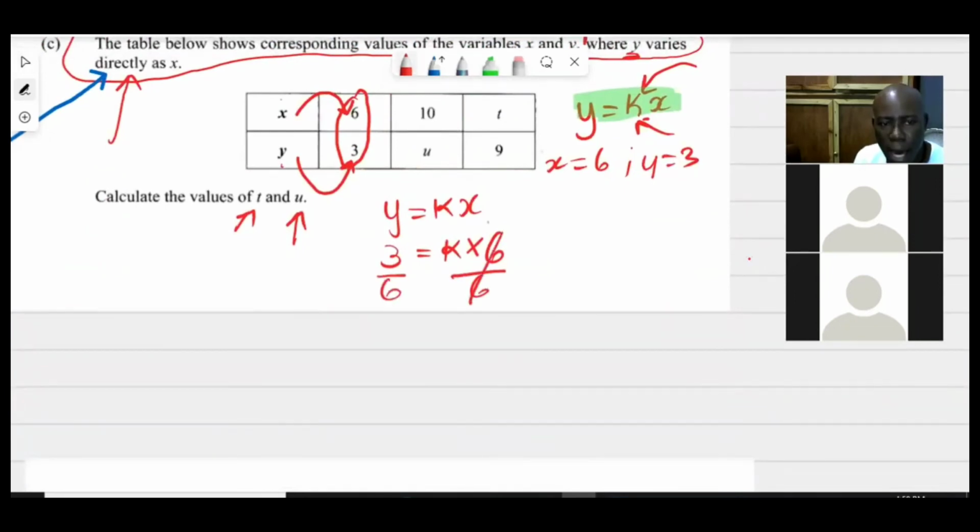You could see, bam, the k is now alone. And k is equal to 3 over 6. But we'll normally break this down: 3 into itself 1 time, 3 into 6 2 times. So k is equal to 1 over 2. K is a half. Some people use 0.5. No problem. So we're saying that k is a half.